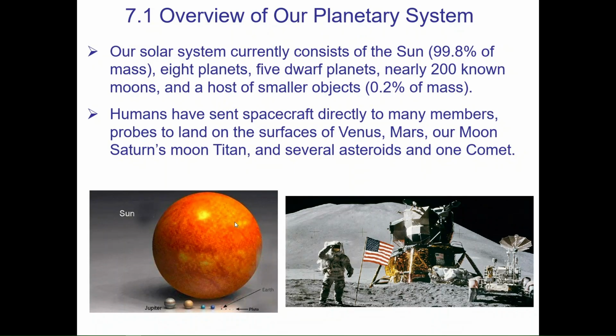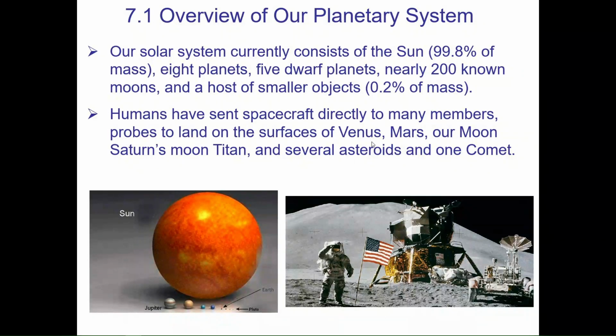And among all the members of the solar system, humans have sent spacecraft directly to many of them. And we have sent probes to land on the surface of Venus, Mars, our moon, and Saturn's moon Titan, as well as several asteroids and one comet.